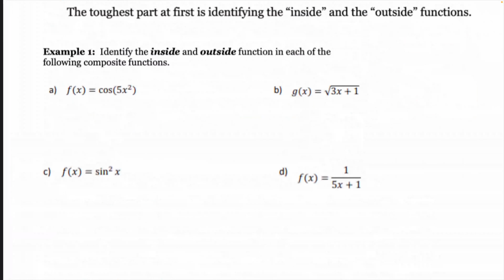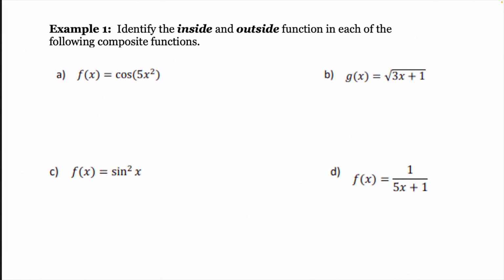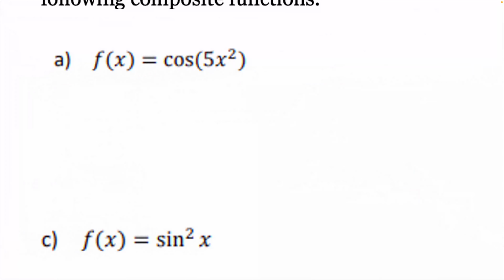Okay, so first thing. Let's find the outside, let's find the inside. Outside is always easy, it's the whole thing, okay? I color code it at least to begin with, because it's easier for me to see. Okay, so the outside. Actually, it's not the whole thing. So the outside would be this.